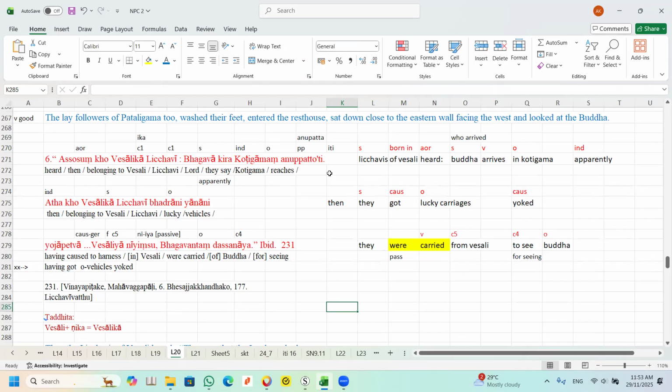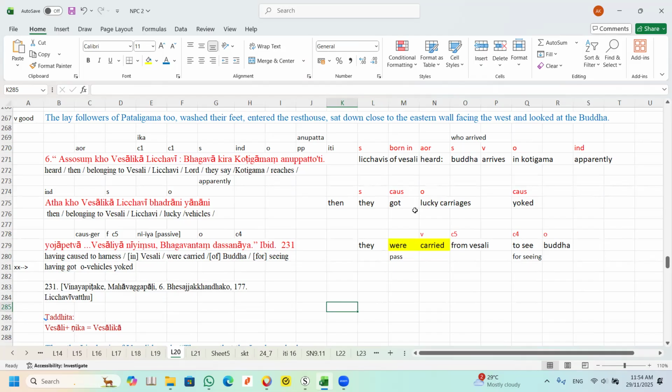So when they broadcast the news, this group of people, they are not staying in Kotigama. They are staying somewhere else. That's why they quickly take a taxi lah. They quickly take a taxi to go to Wasali to see the Buddha. Simple in English lah, take a taxi lah. They don't have taxis, so they take their own carriage lah. Get what I mean?